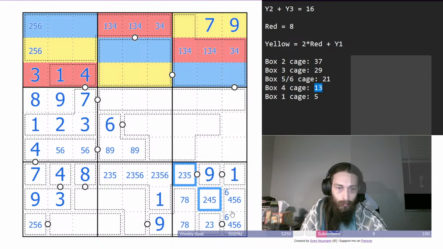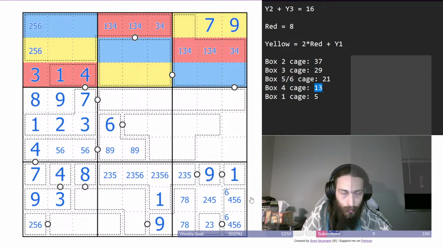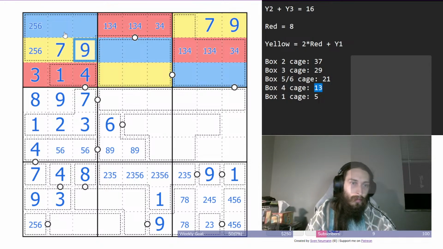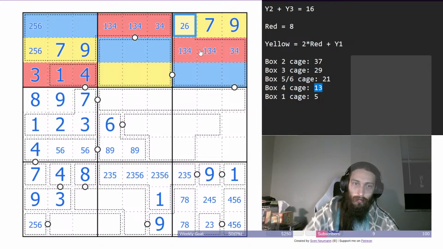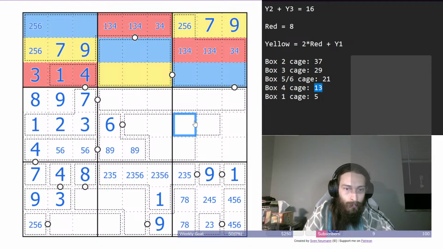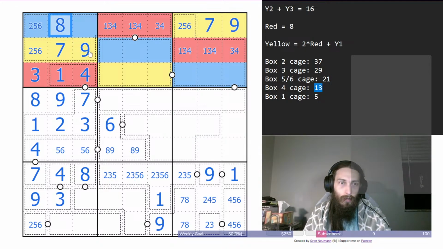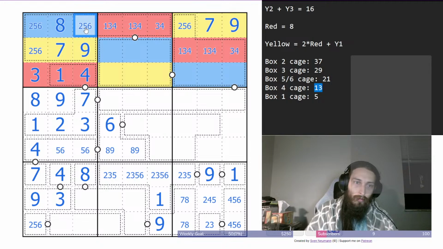Never mind. 6 is out there. 2, 3, 4, 5, 6, yeah. 7, 9. 7, 9. 2, 5, and 6. What about 8? Oh, no, because 8 goes over... It's here. Blue. 5 and 6.